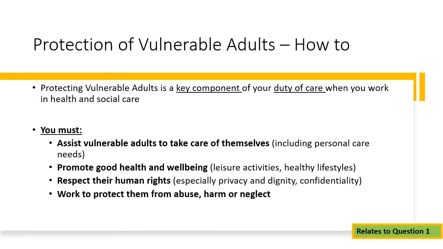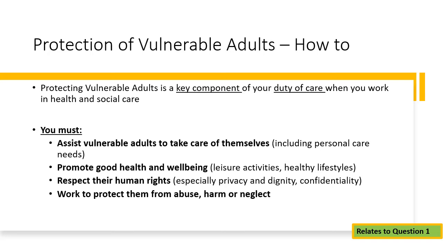So how do we protect vulnerable adults? Now, when we are working with vulnerable adults, we have a duty of care to protect them. So we do this by assisting them in taking care of themselves.